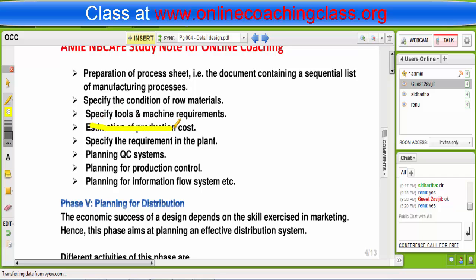Estimate the production cost, specify the requirement in a plan, planning for QC system, QC means quality control system, planning for production control, planning for information flow system. So those steps are arranged by the production engineer in this stage.